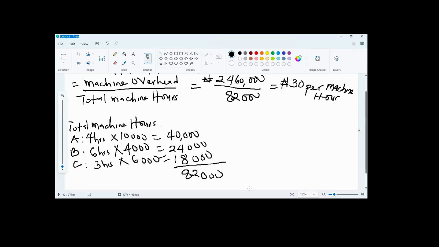I'm going to have 4,000 machine hours multiplied by 30 naira per machine hour, and likewise multiply each product's machine hours by 30 naira. This is what we call allocation to products.